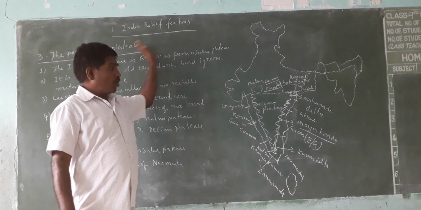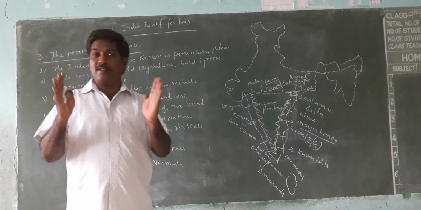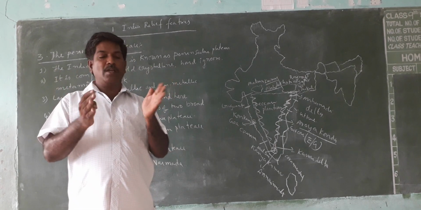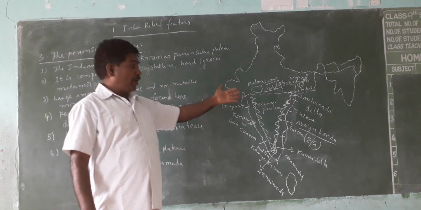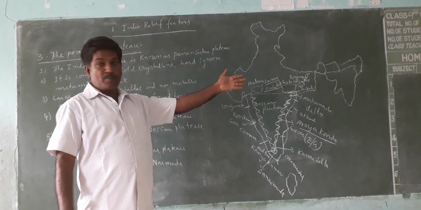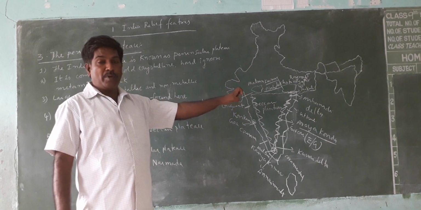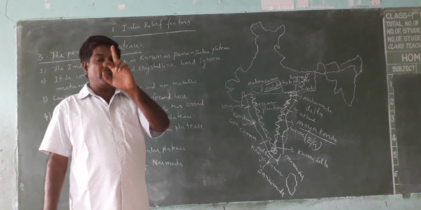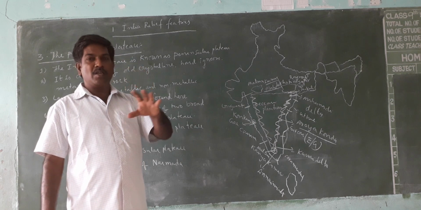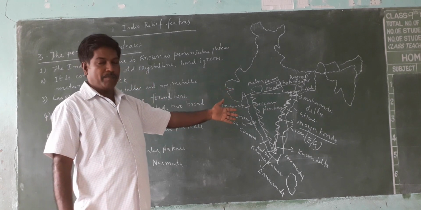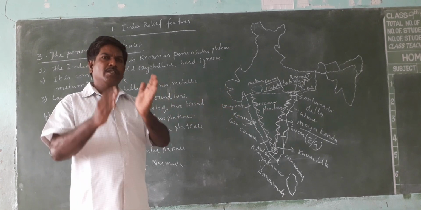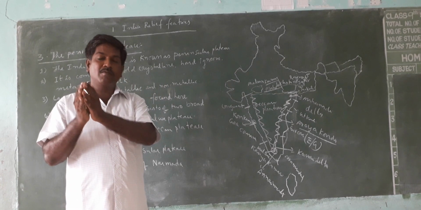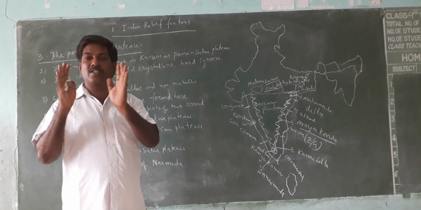And this total land was composed, once upon a time, by volcanic eruption. That's why the total Deccan Plateau, Malwa Plateau and Chota Nagpur Plateau are all composed by volcanic eruption. So metallic, non-metallic forms and rich mineral sources are available here. And what is the eastern border of Deccan Plateau? Eastern Ghats.